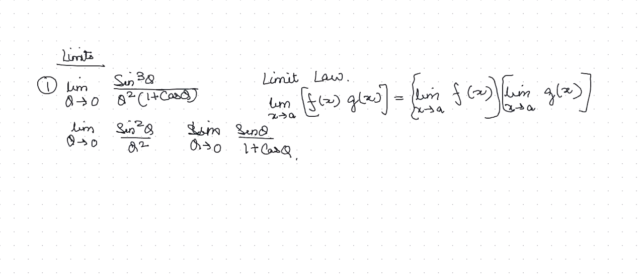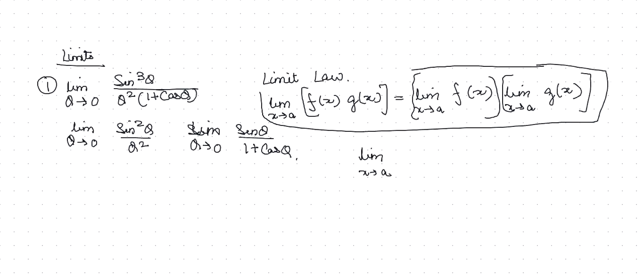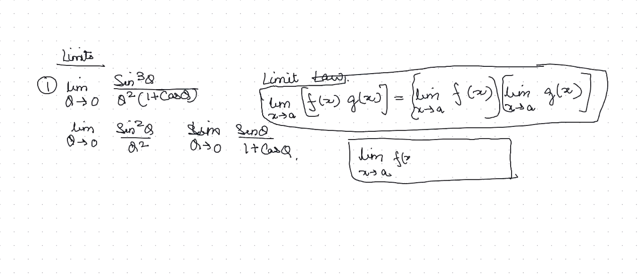Now we'll use another limit law, where the limit as x tends to a of f(x) to the power n can be written as the limit as x tends to a of f(x), all to the power n.